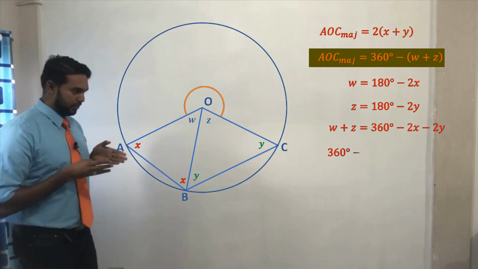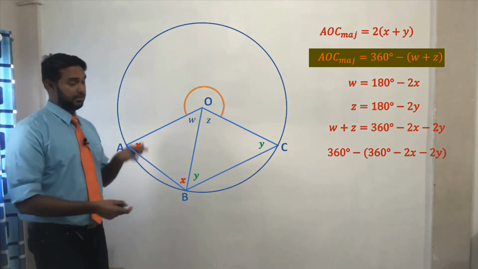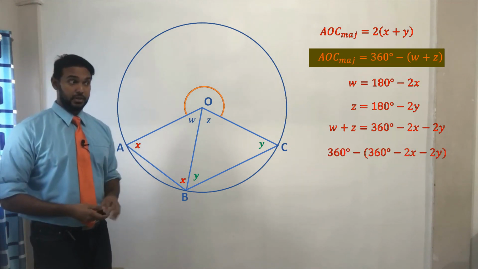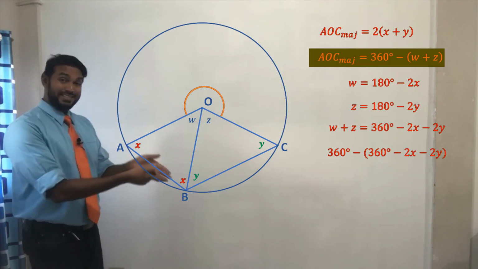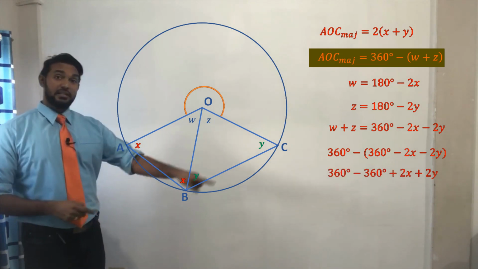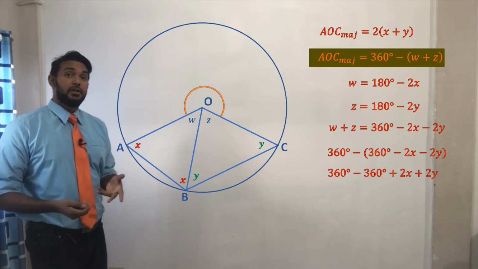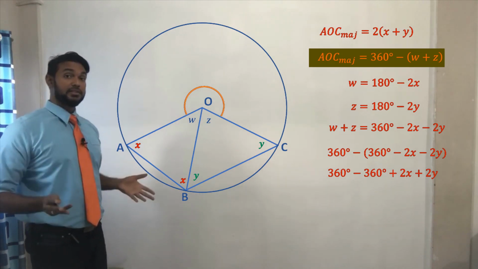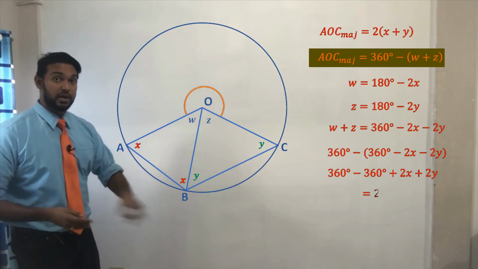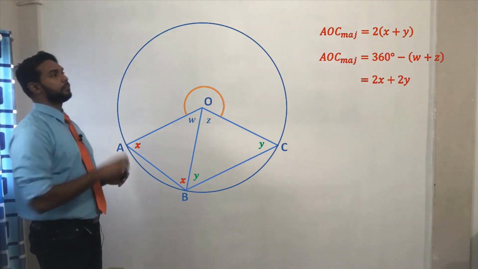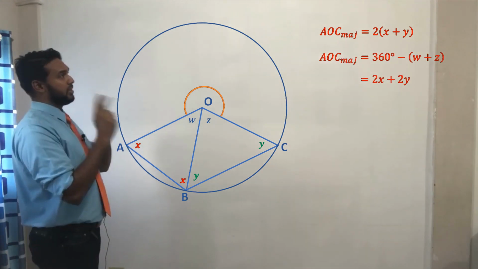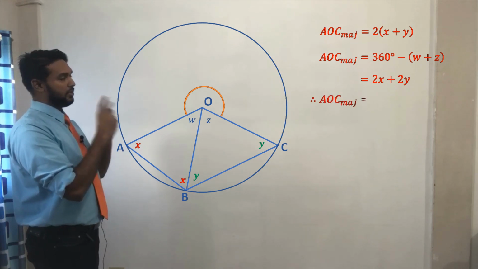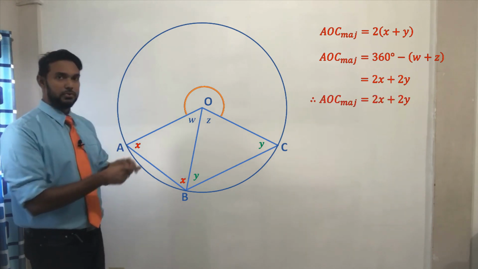So we're going to get, once again, 360 minus, in brackets, 360 minus 2x minus 2y. When you drop the brackets, the 360 inside will become negative, and the negative 2x, negative 2y will become positive. 360 minus 360 will cancel, leaving us with just the 2x and 2y, which we will just raise up there. And remember, we are saying that AOC major is equal to 2x plus 2y.